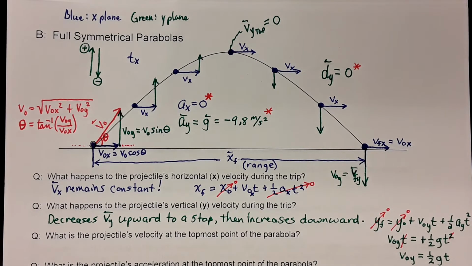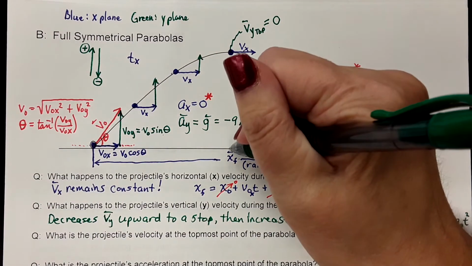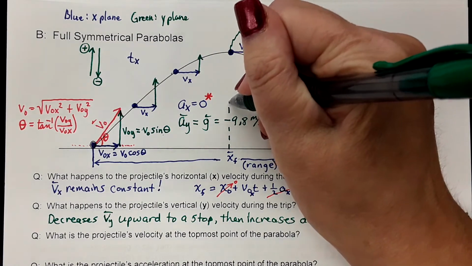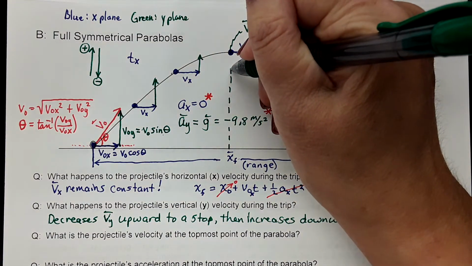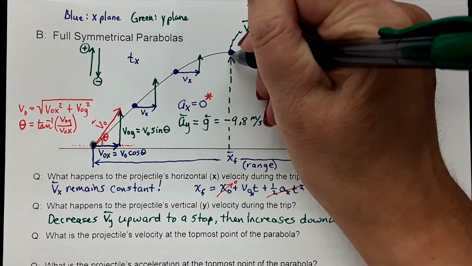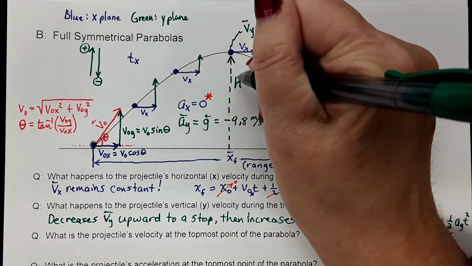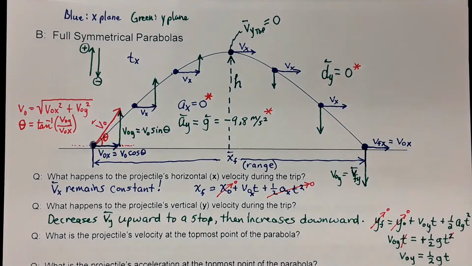Now, one of the things that we will be learning to do is we will also be learning to determine how high the ball goes to get to the top of the parabola. Okay? So we'll call that h, the height. Okay? We'll be learning how to figure that out.